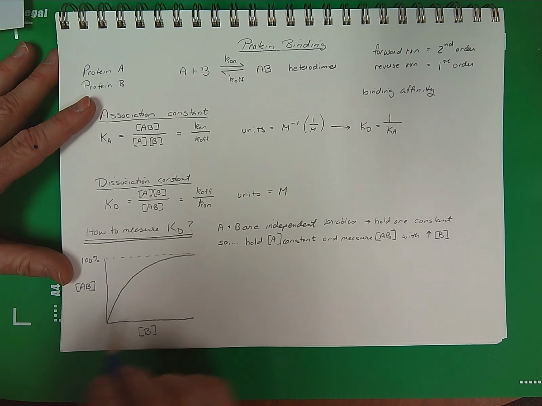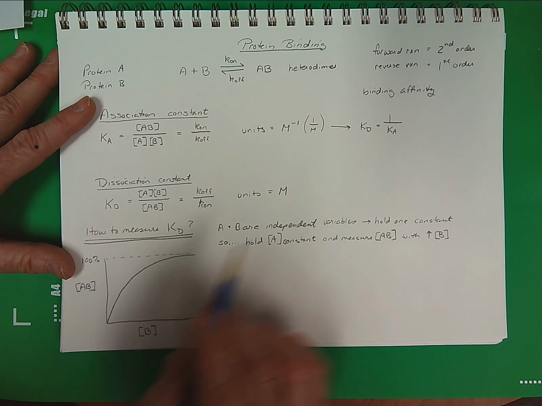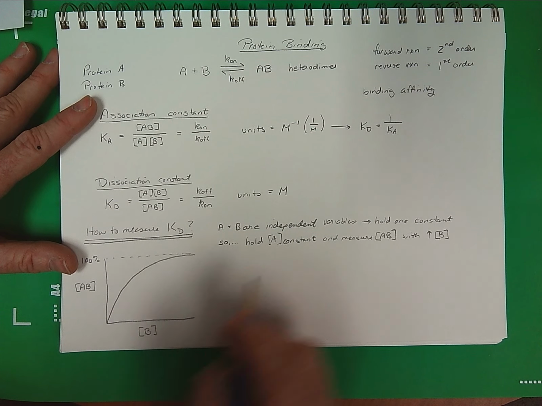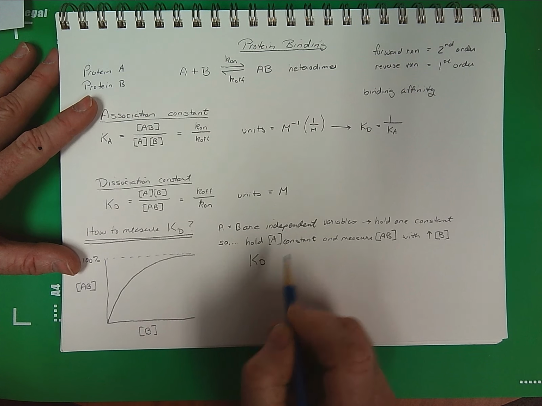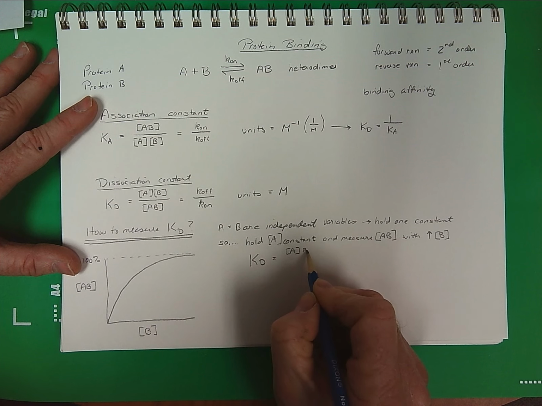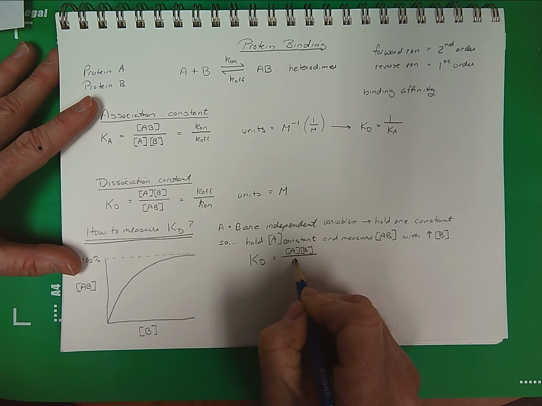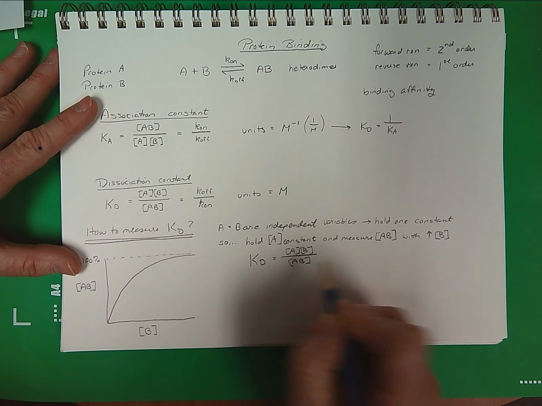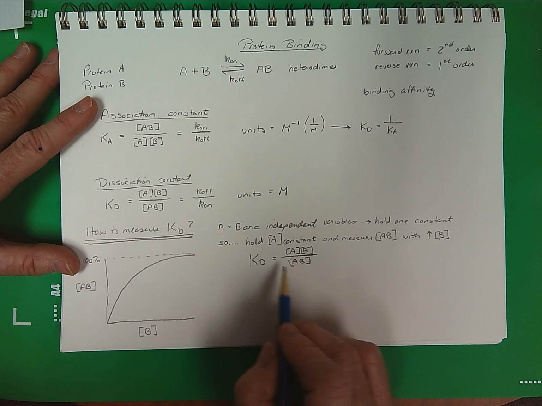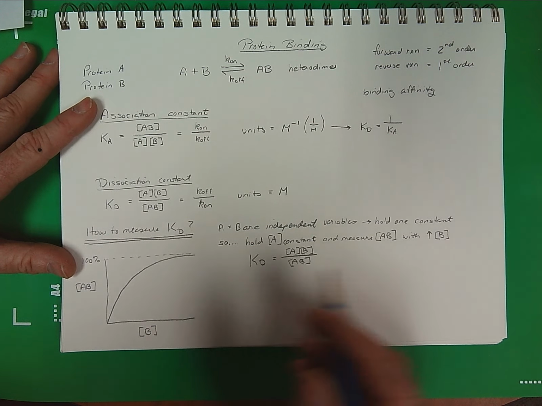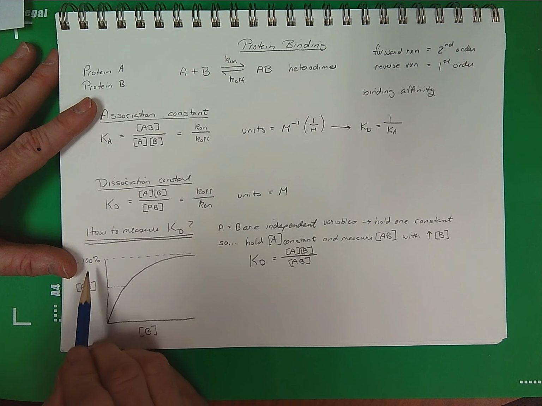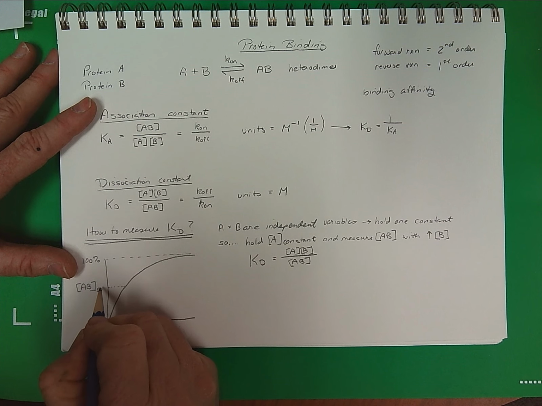Now, how do we interpret this data to get our dissociation constant? Well, let's go back to our equation for Kd, which is equal to the concentration of A times the concentration of B over the product AB. And let's look at this from this standpoint. Now, if we look at the 50% point here, which is 50% formation of AB.